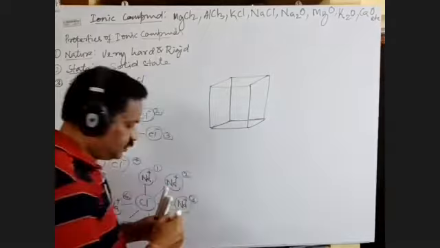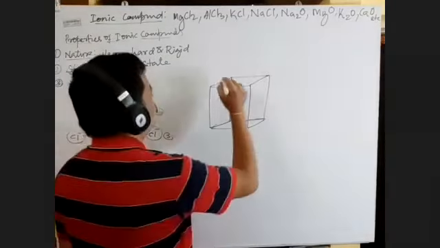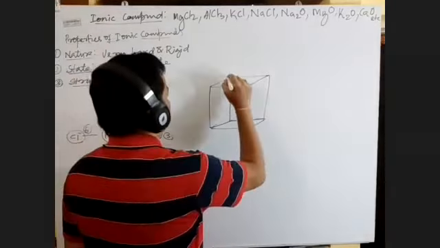Right. So if I'm taking this one as the sodium plus ion, then this will be Cl minus, and this will be Cl minus, and up will be Cl minus, and in the other direction another Cl minus will be here.